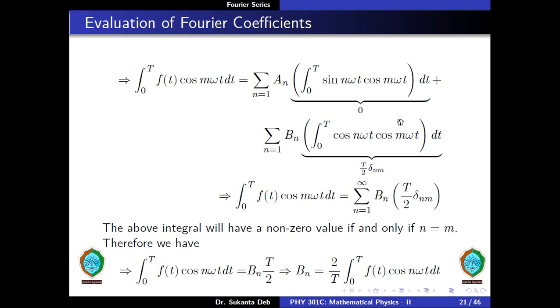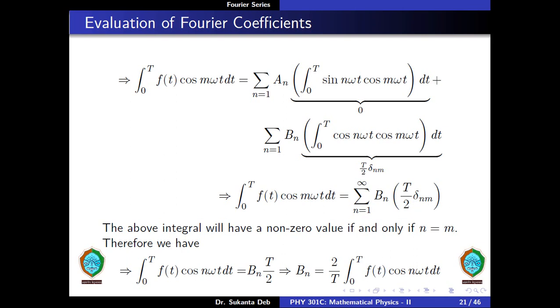Now already from the orthogonality condition we know that the first integral is equal to 0, only this integral will survive. So this is equal to T by 2 into delta nm. Therefore the integral from 0 to capital T of f of t cos of m omega t dt is equal to the summation over n equals 1 to infinity of bn into T by 2 into delta nm.